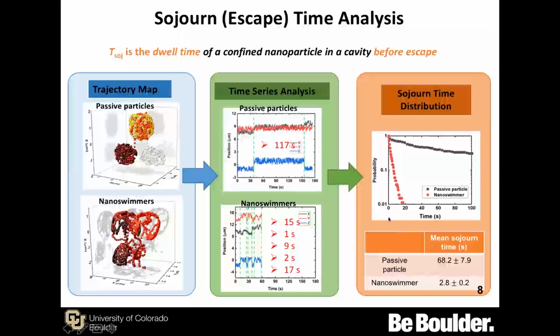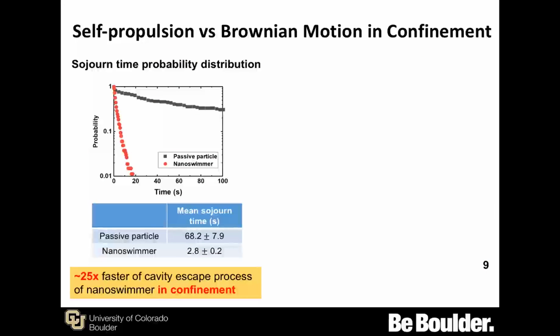For the passive particle, which only has Brownian motion, the mean Sojourn time is about 70 seconds, while for the Nanoswimmers, it's only like 3 seconds. It's significantly different. Here, we found that the Nanoswimmers are about 25 times faster in this kind of cavity escape process.